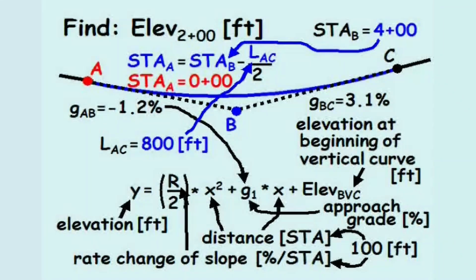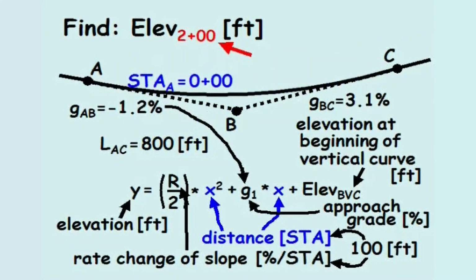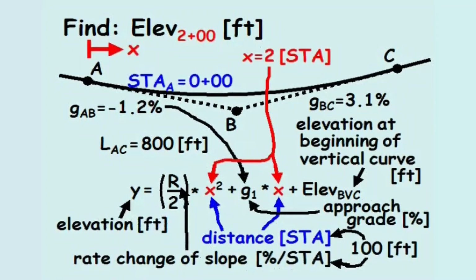Since the problem asks to find the elevation at station 2 plus 0, 0, we now know that this is a point 200 feet along the length of the curve located at x equals 2 stations.